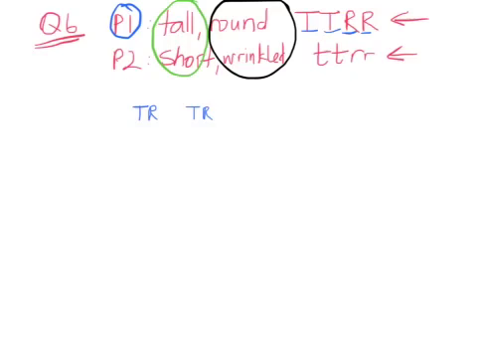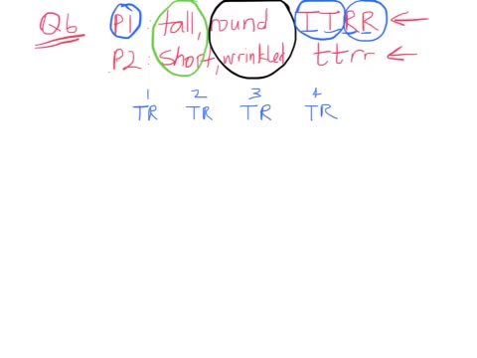Then take the first T again and the second R, and the second T and the first R. Do you understand what just happened? I just took one of these and one of these. So these are the 4 various combinations that P1 can give.